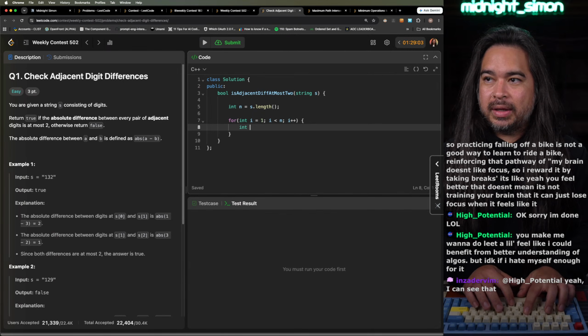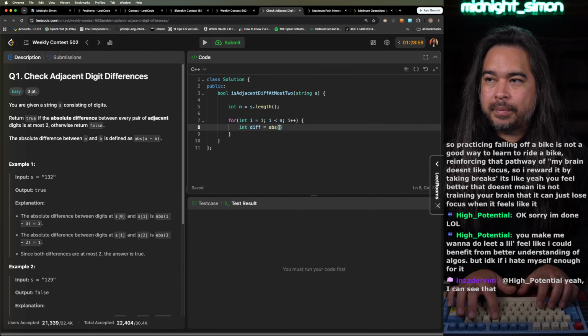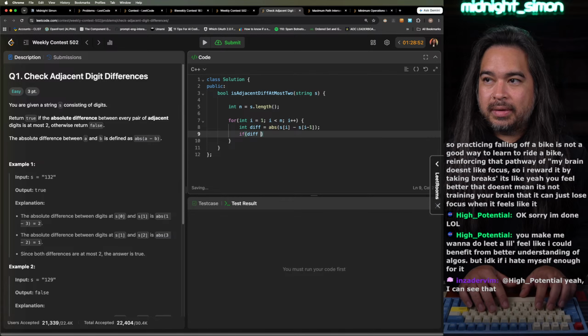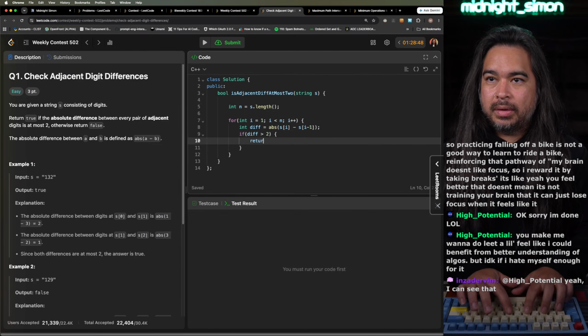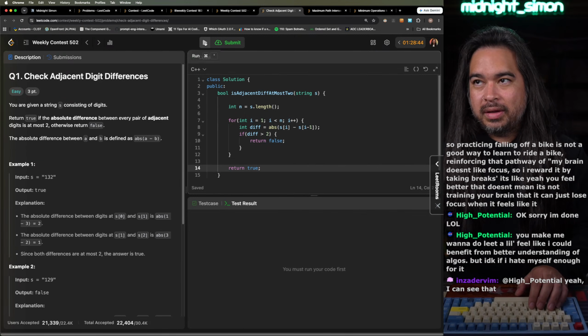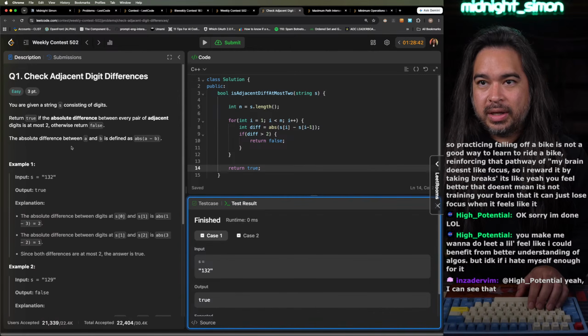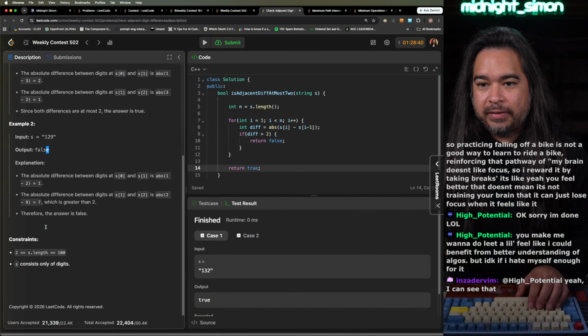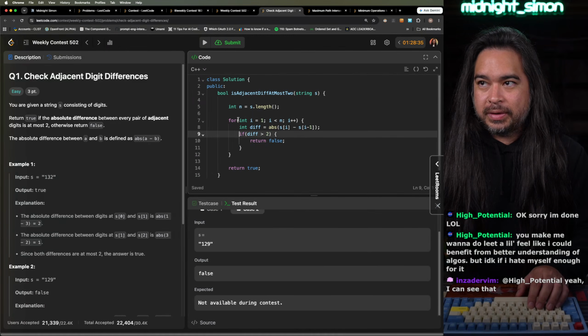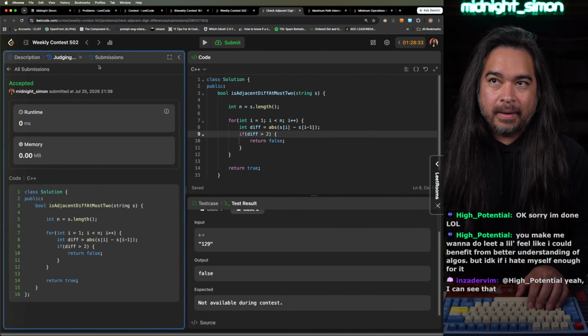So I'll say the diff is, and it's false if the diff is greater than 2. All right, easy. Q1. We should get true, false. All right, true, false. Easy Q1.